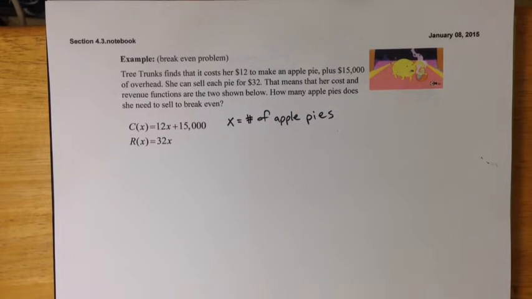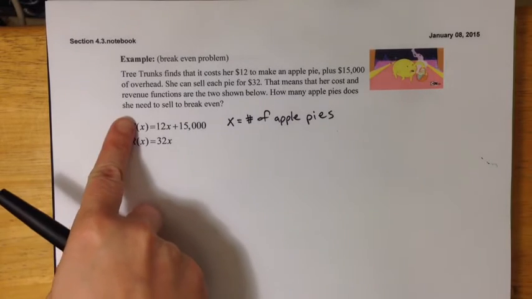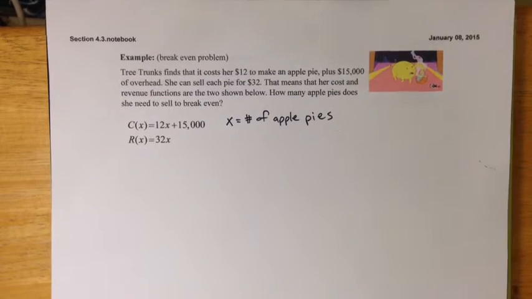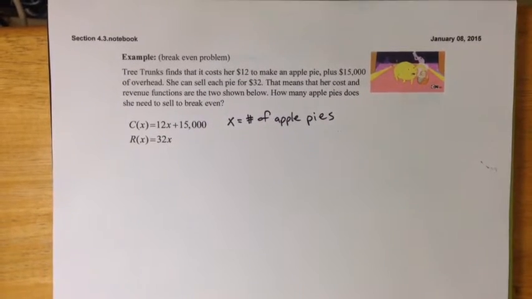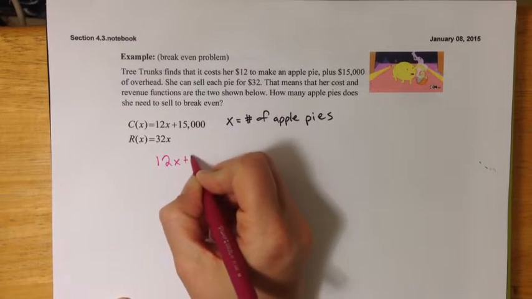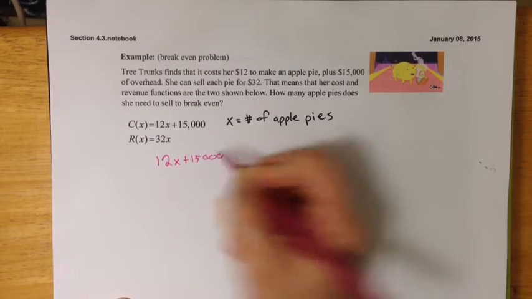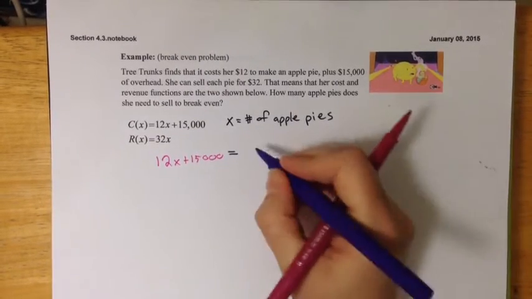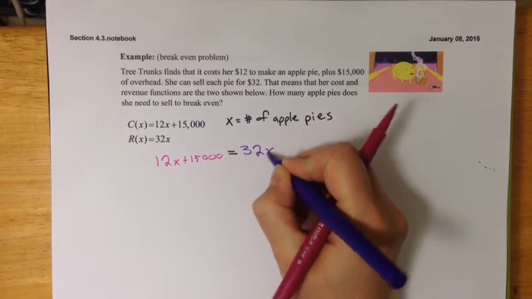So since the break-even point is when cost and revenue are equal, all we need to do is set the cost and revenue equal to each other and then solve for the number of pies. That looks like this. The cost, my 12x plus 15,000, needs to be equal to my revenue, which is 32x.